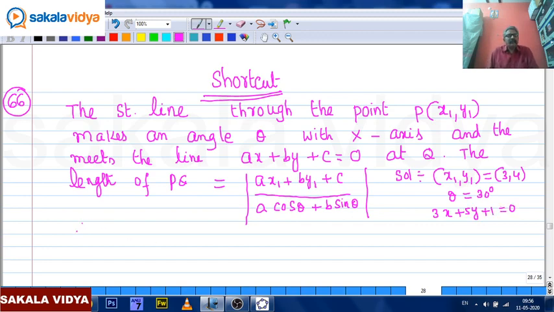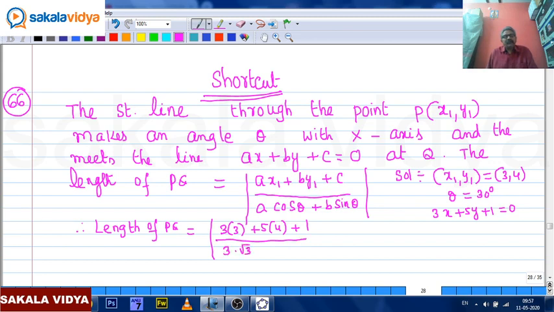So therefore the length of PQ is equal to mod of 3 into 3 plus 5 into 4 plus 1, upon a cos theta, a means 3, cos 30 is root 3 by 2, plus b sin theta, b means 5, sin 30 is 1 by 2.